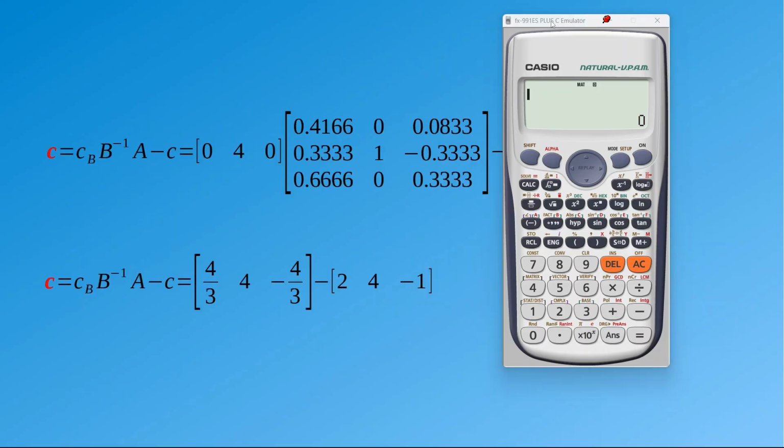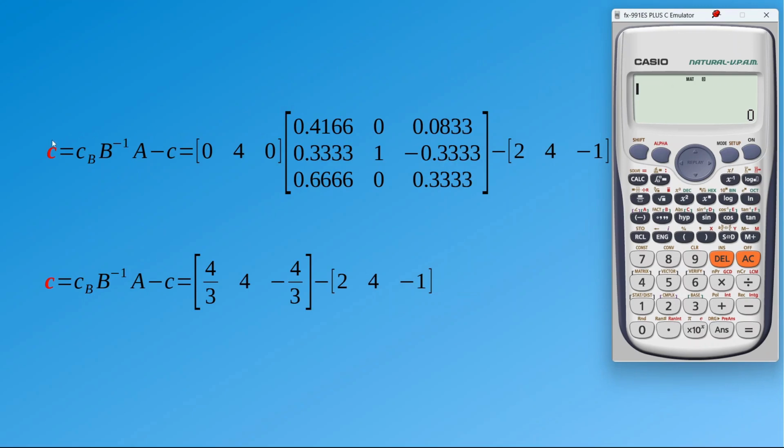So let's get ahead. The updated coefficient for row 0 for the non-basic variables is given by CB into B inverse into A minus C. Now, as I told you, we cannot multiply a row matrix to any matrix in the calculator.